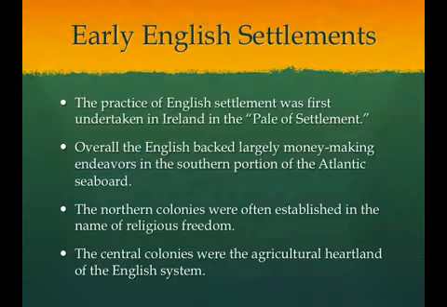The central colonies, or what we call the mid-Atlantic colonies, New York, New Jersey, Pennsylvania, Delaware, and Maryland, tended to be more the agricultural heartland of the English system. Particularly Pennsylvania, New Jersey, and New York would become kind of the bread baskets of the rest of the colonies. Whereas the New England colonies weren't really great farmland, if you did farm in New England, you were more of a dairy farmer because of the rocky soil.